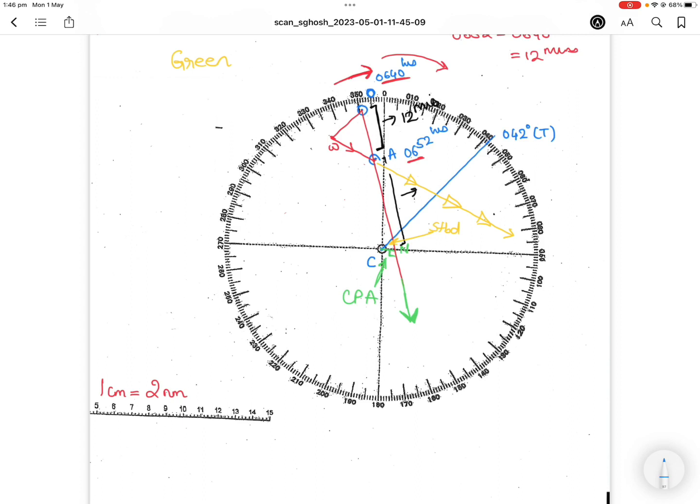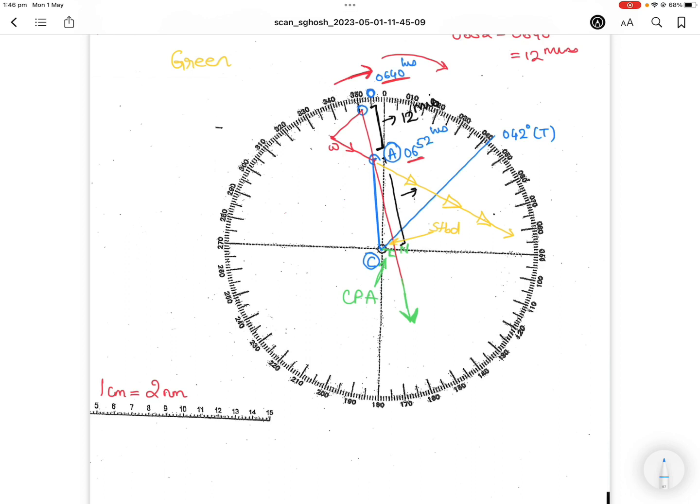So what you basically have to see is that you know the course of the target vessel in this case. Now what you have to do is see the course AC. You see A here and C here, right? So measure out what course is A to C. If I draw a line from A to C, because I'm working with an electronic sheet, guys, sorry if my answers don't match yours.